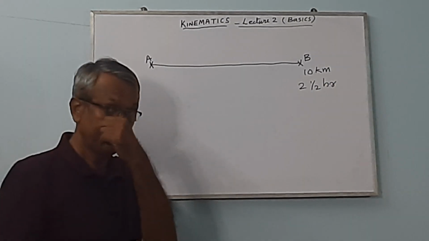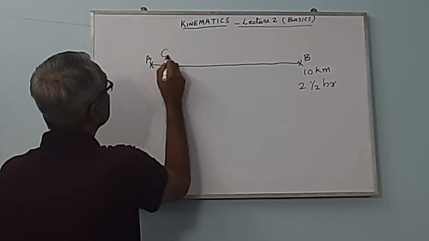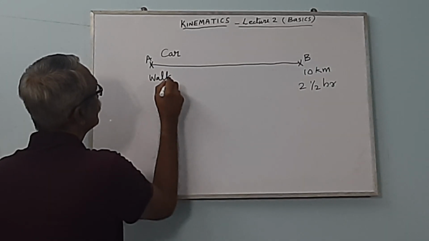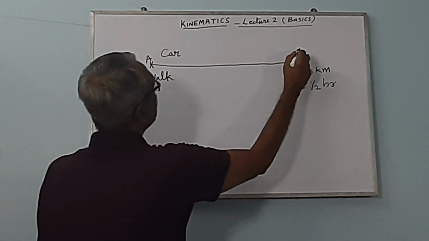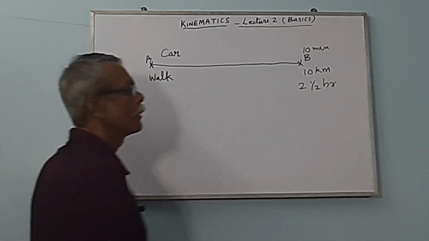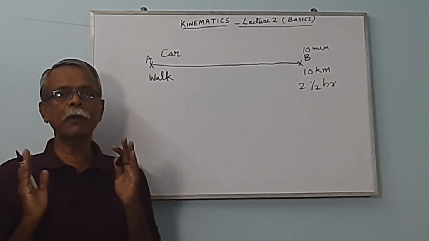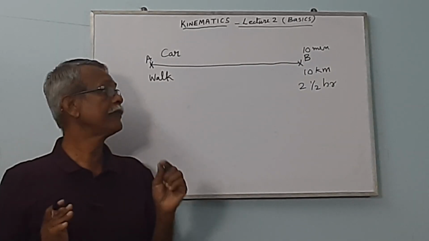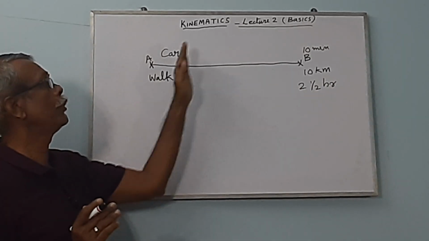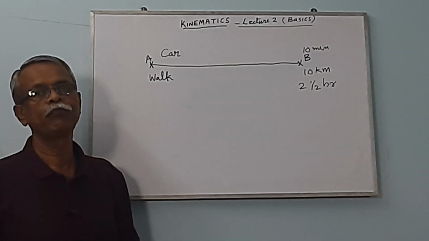Suppose another person is moving from A to B in a car. This is a car. This is walking. And he takes 10 minutes for reaching here. If you consider only the displacement of the particle, we can see that the person who is walking and the person who is moving in a car have the same displacement.